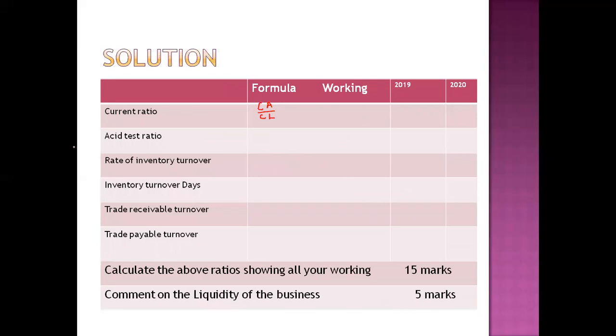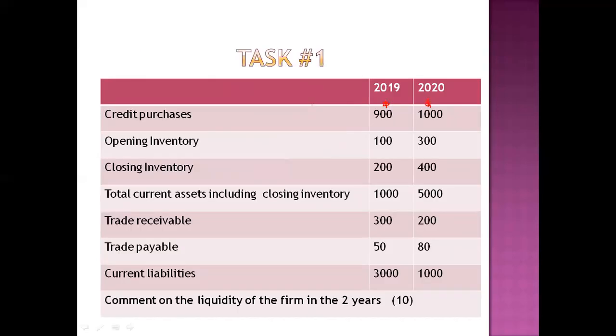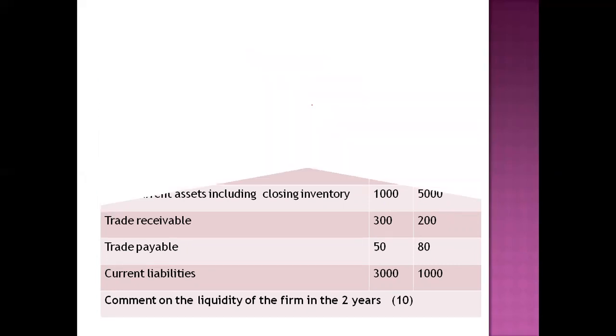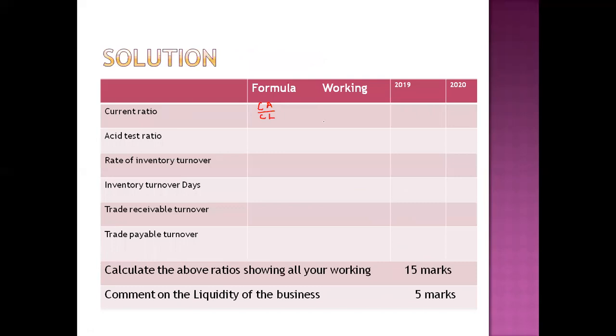We are using the working for 2 years, so let's leave space for the other year. Then we indicate 1,000 over 3,000. So I want you to write 1,000 over 3,000.